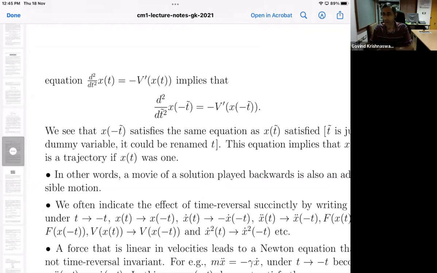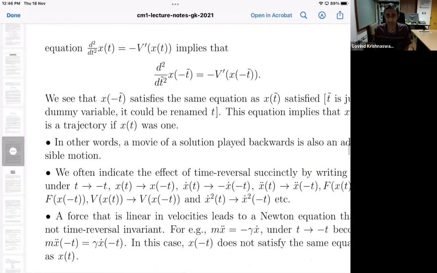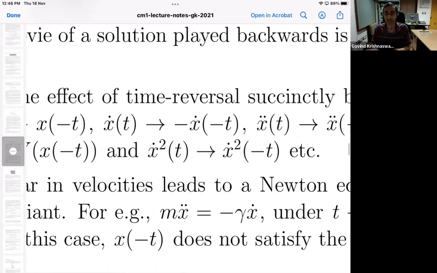Correct. A conservative force automatically leads to a time reversal invariant equation. This force that I wrote down here is unfortunately not the derivative of some potential, for a very simple reason, because it depends on x dot. You cannot take some function of x and differentiate in x and get an x dot from there. So this is an example of a highly non-conservative force.